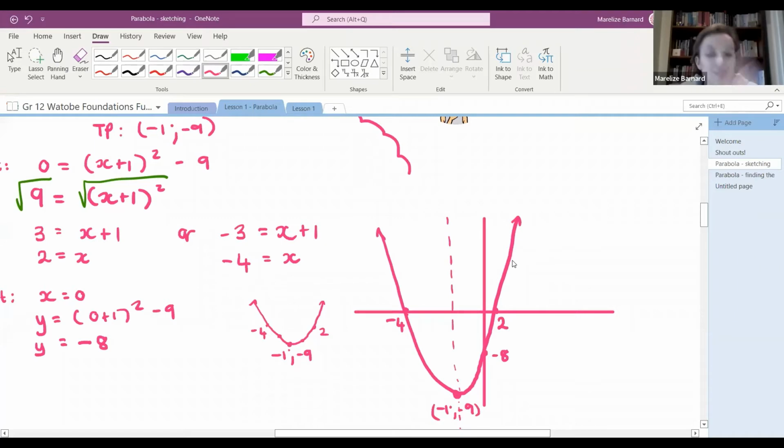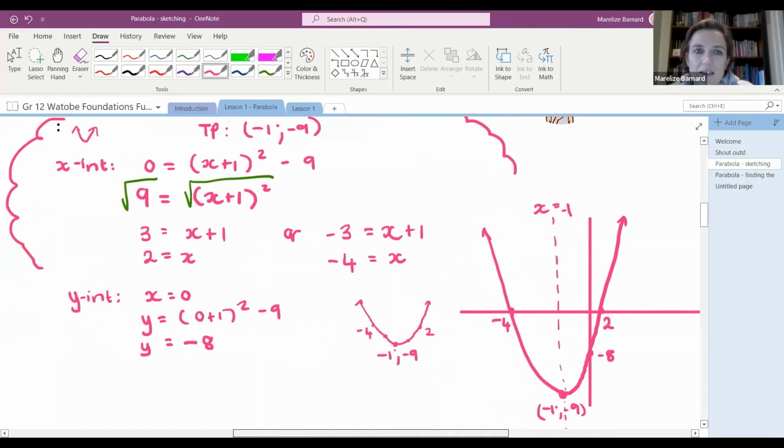Okay, this is not drawn to scale, so don't worry if the space between the values look a little bit unrealistic. We are not drawing to scale, but make sure you label all your points correctly, that all your working out is correct. Your turning point's there, your axis of symmetry is there, and then you have a beautiful parabola.